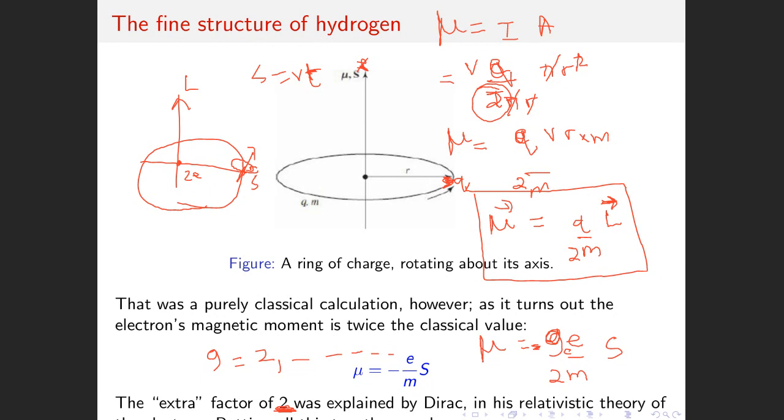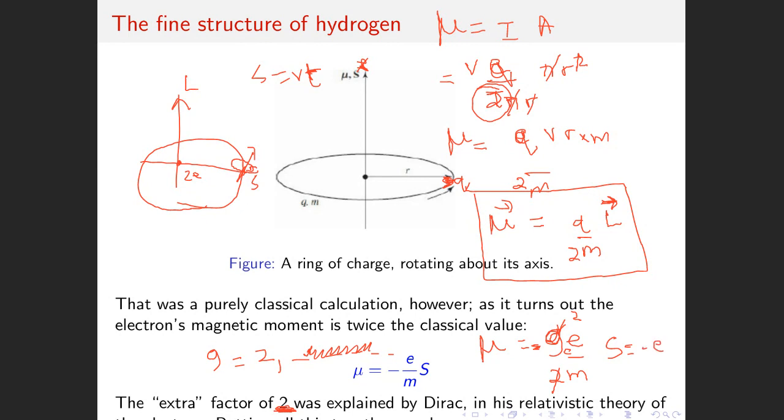I think I'll have to go back to explain what happened with these numbers. But for now, if you just assume that this factor is true from the Dirac equation, you end up with that.